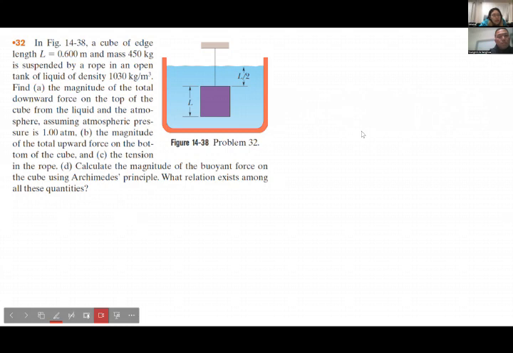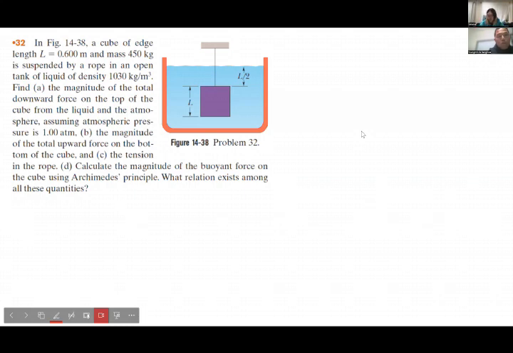Find the magnitude of the total downward force on the top of the cube from the liquid and the atmosphere, assuming atmospheric pressure is one atm. Then find the magnitude of the total upward force on the bottom of the cube and the tension in the rope. Calculate the magnitude of the buoyant force on the cube using Archimedes' principle. What relation exists among all these quantities?